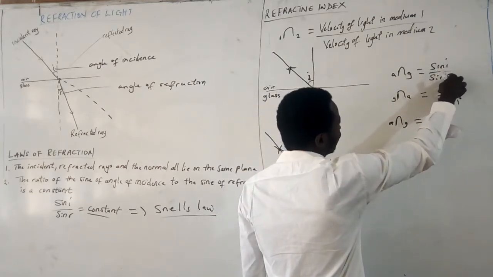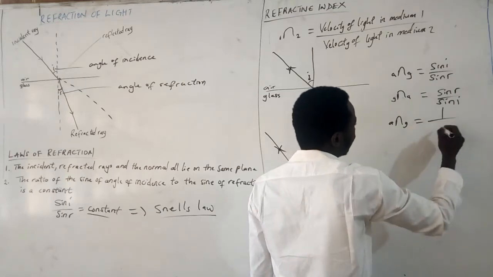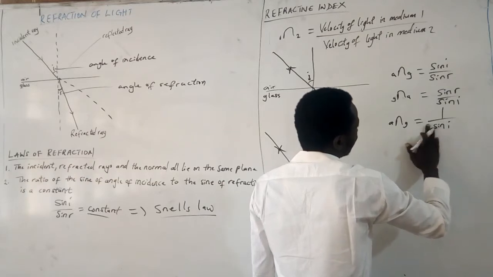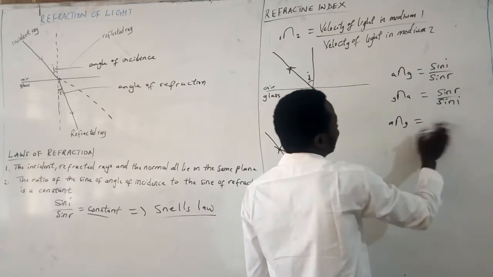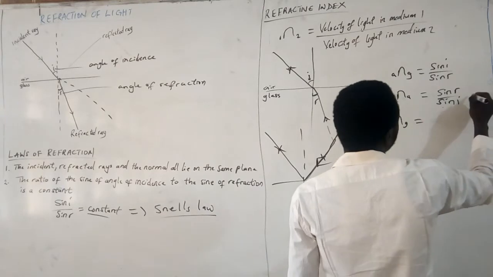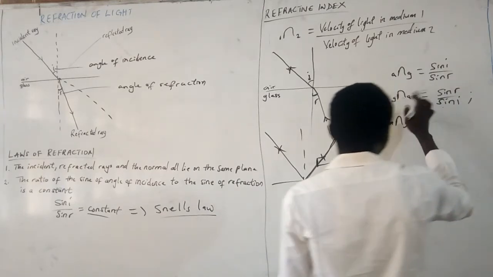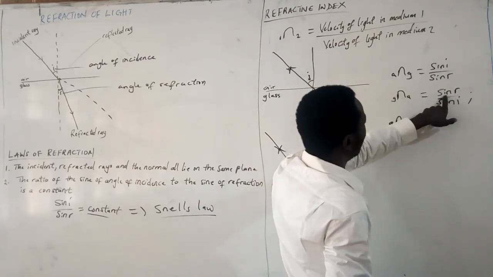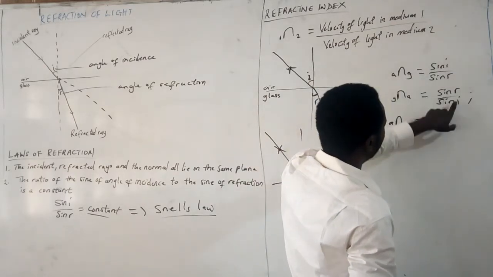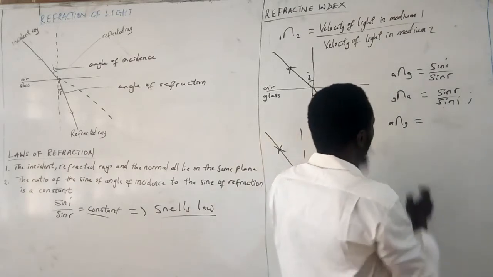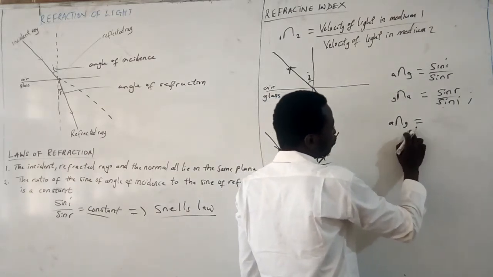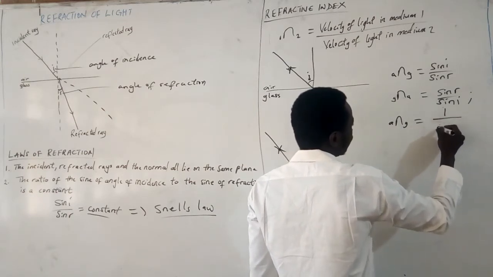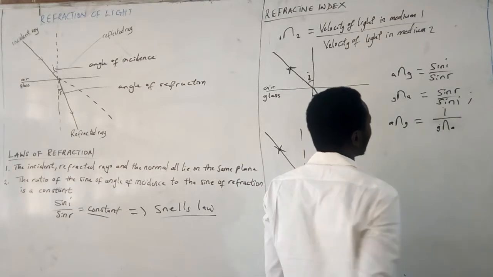So from here I can say the refractive index from air to glass is equal to sine I over sine R. Now if I take 1 over this, the inverse of it, it gives sine R over sine I, which is from glass to air. So from air to glass is 1 over from glass to air.